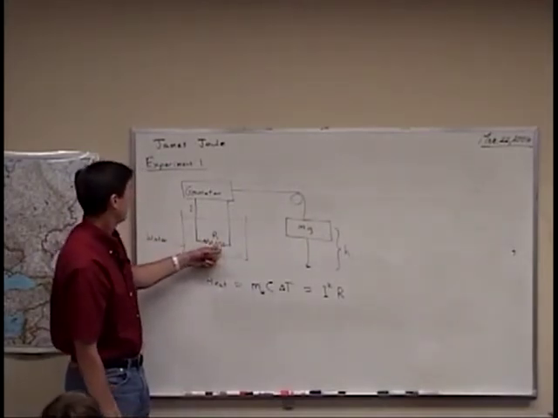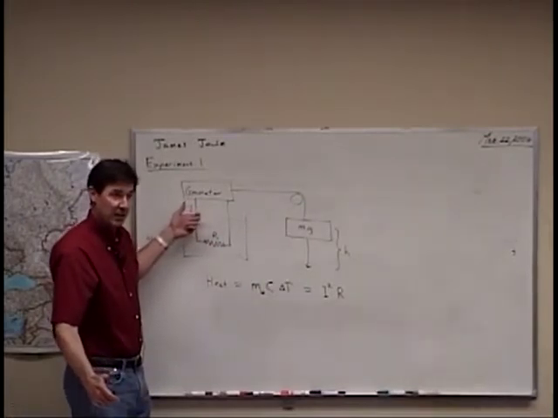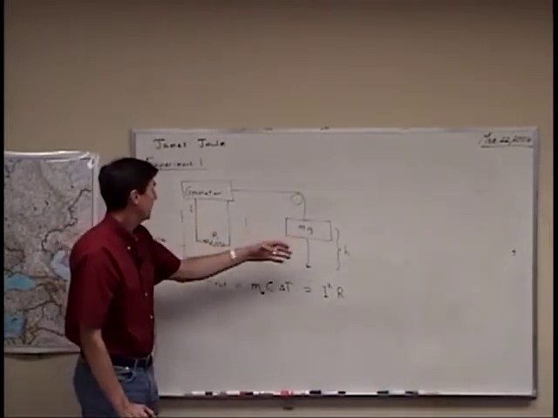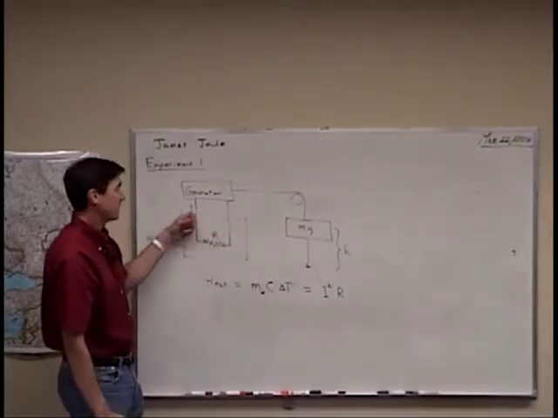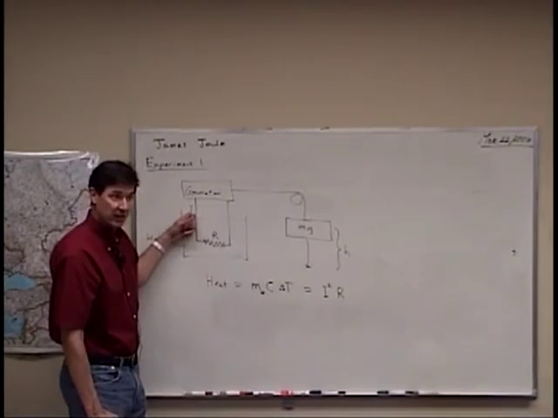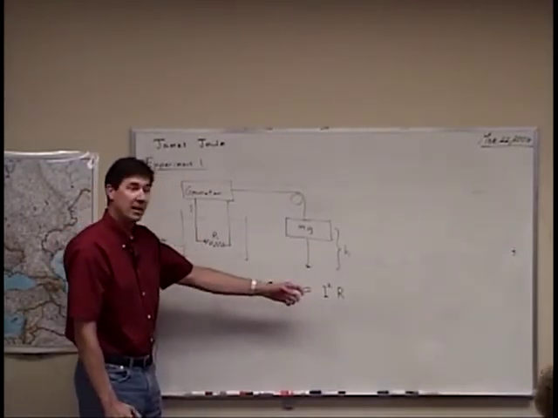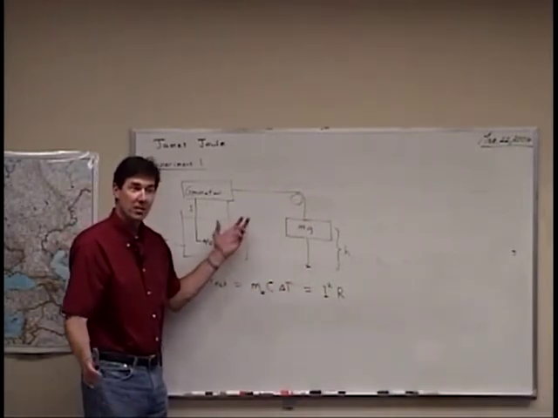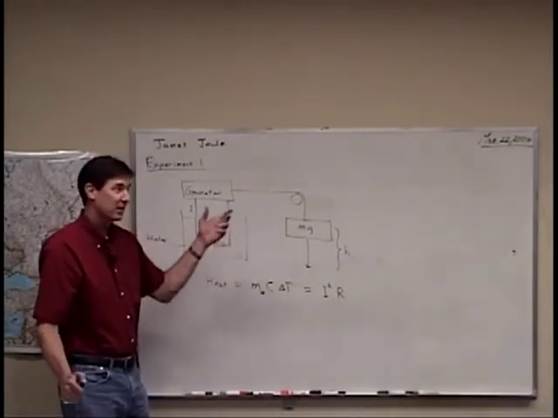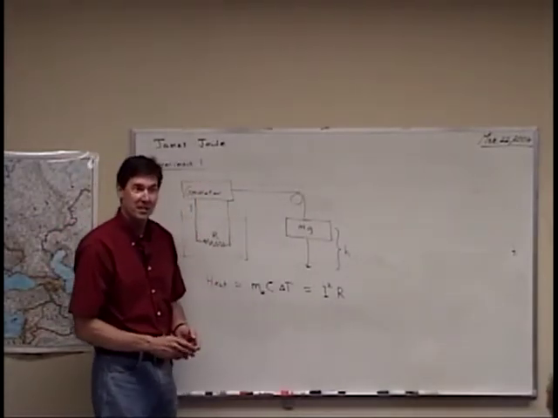Okay, now he gets a particular current when he does that. Well, let's say he adjusts the weight here until he gets twice that current. Okay, when he gets twice the current, then he measures the temperature increase. What's he going to get? 4 times the temperature increase with twice the current.